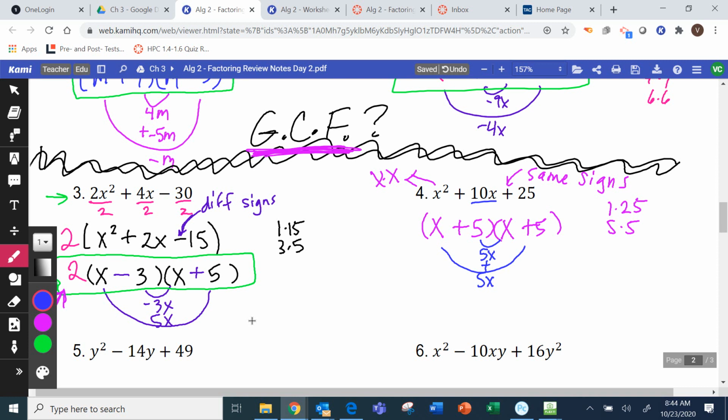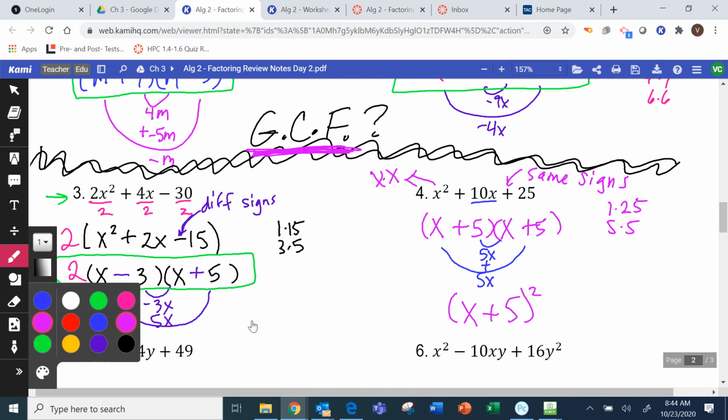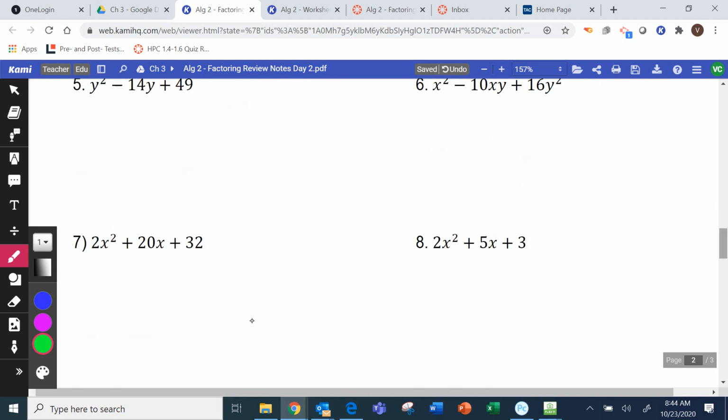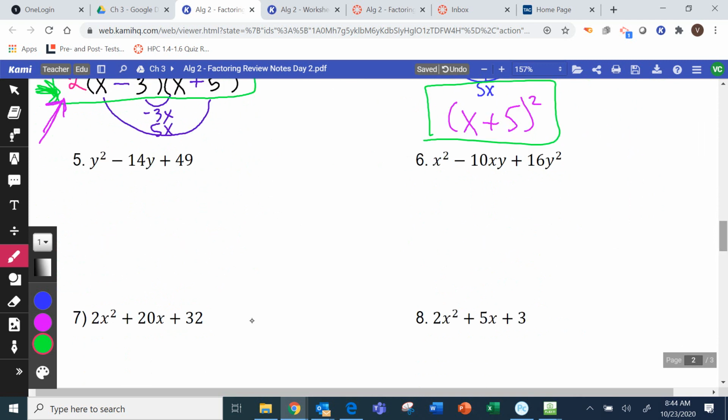Yes, because they are the same, we will take it one more step, and we will put them together, and we will put the squared on the outside. Because we're trying to go back all the way like before you multiplied it out, and that's how I gave it to you originally, to multiply out. So you have to go all the way back to the squared.